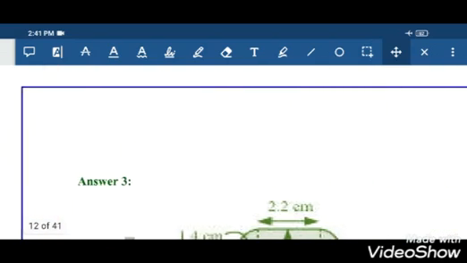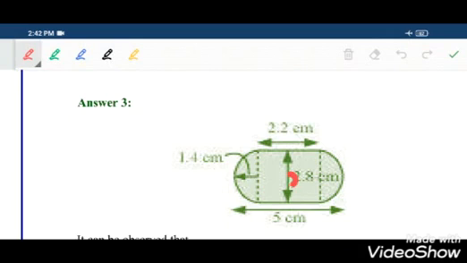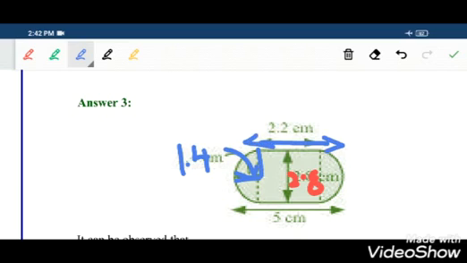So first, this is the gulab jamun shape, the cylindrical part and then the hemispherical part. The diameter is 2.8 centimeter, the radius is 1.4 centimeter, and the height is 2.2 centimeter.